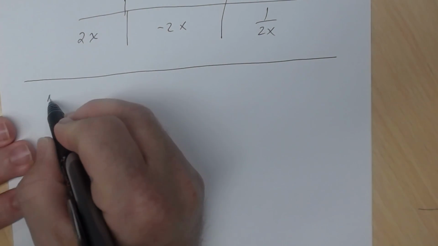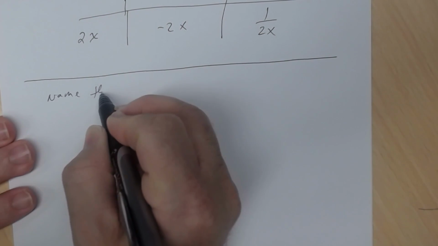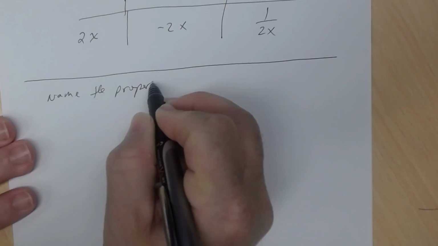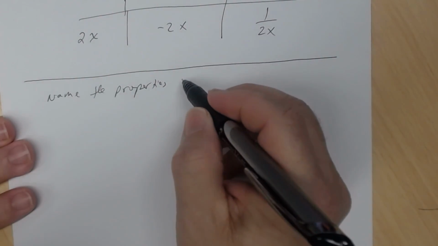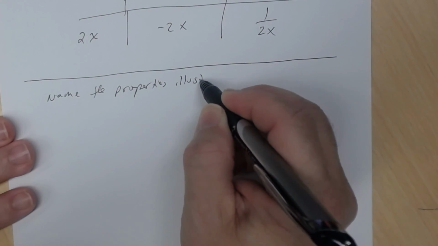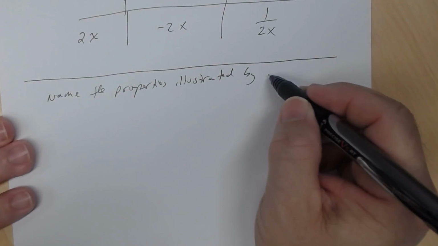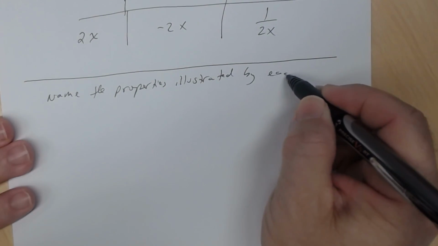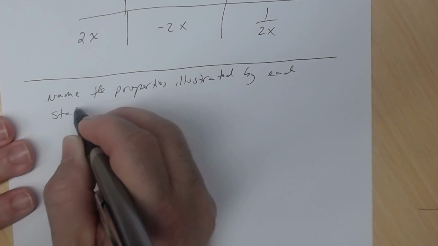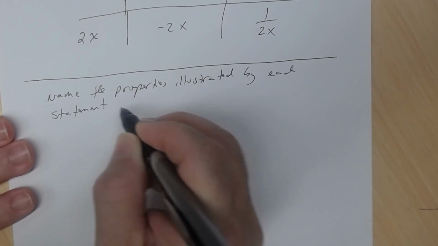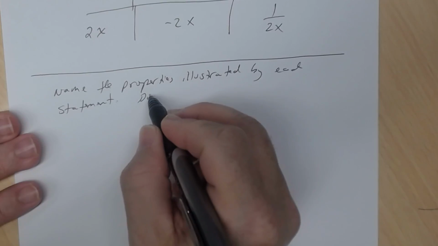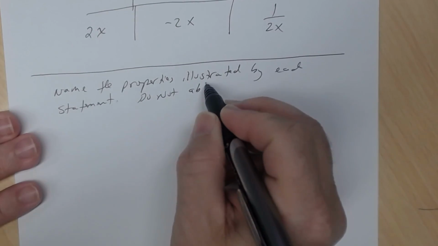Name the properties illustrated by each true statement. All right, now do not abbreviate.